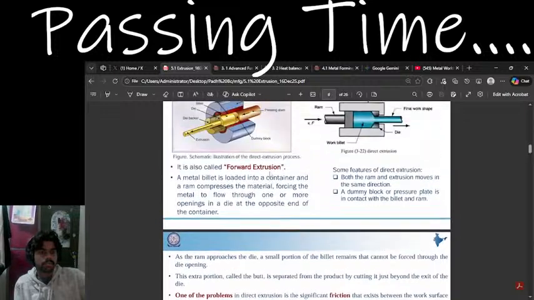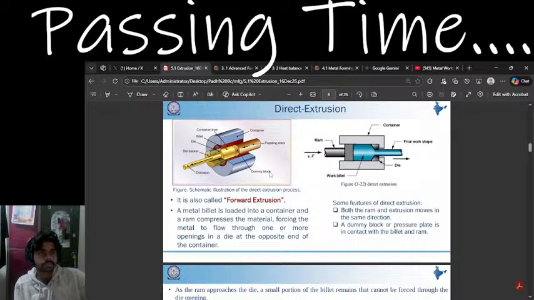Okay. A metal billet is loaded into a container. A ram compresses the material, forcing the metal to flow through one opening die and deposited in the container.